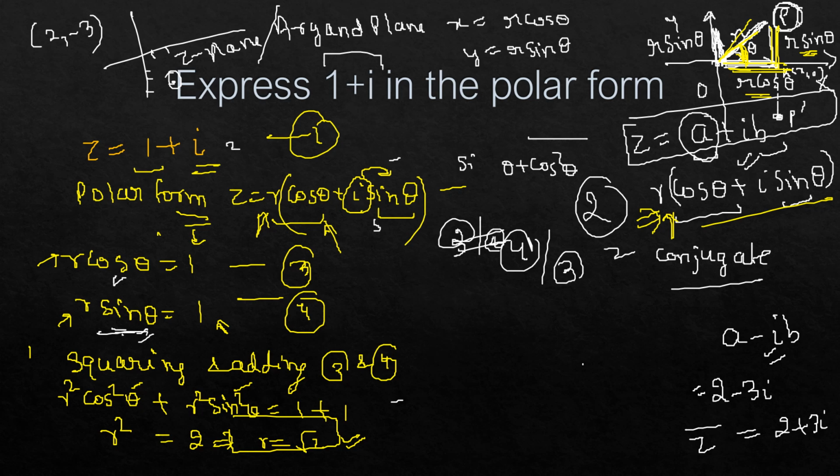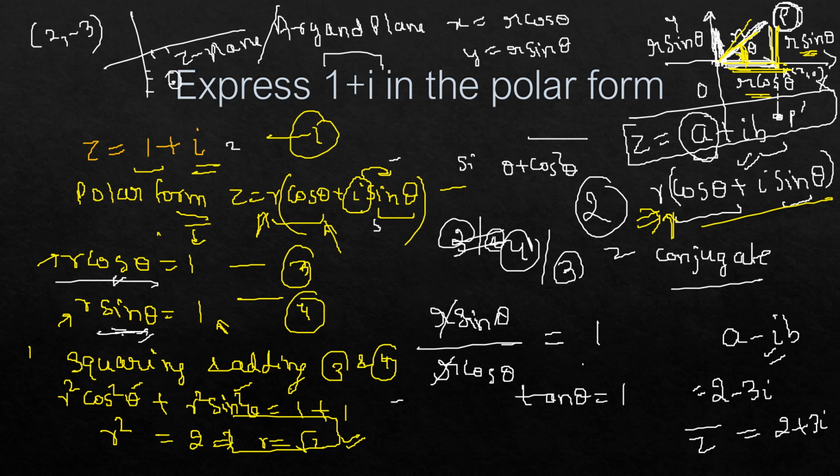So r sine theta divided by r cos theta, fourth by third, is equal to 1 by 1, that is 1. r gets cancelled out. Sine theta upon cos theta is tan theta, which is 1. So you know where tan theta is 1? It is at pi by 4, 45 degrees, right? It has to be in radians to get this polar form.